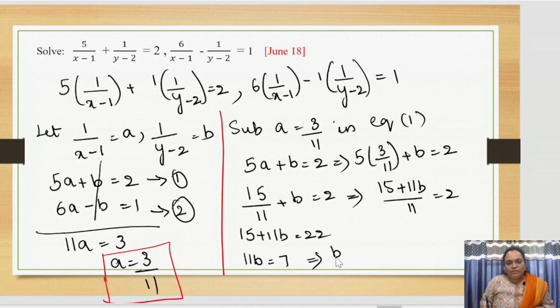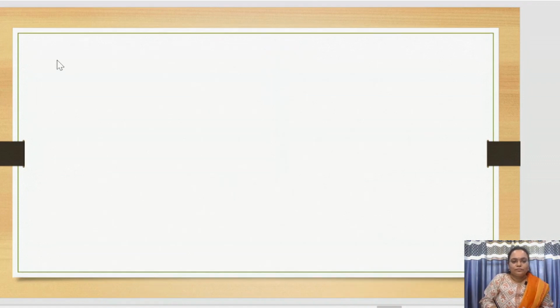Okay, so b value will be 7 by 11. Now see here, we have assumed a to be 1 by x minus 1 and b to be 1 by y minus 2. Now let us replace these values, a as 3 by 11 and b as 7 by 11.